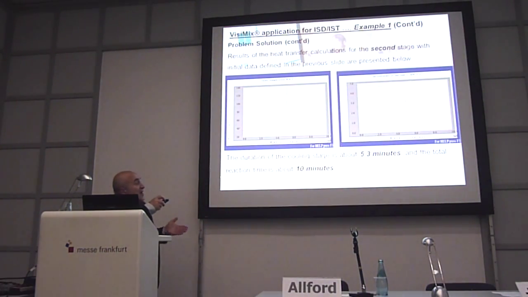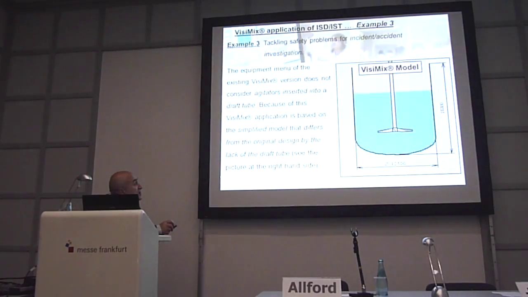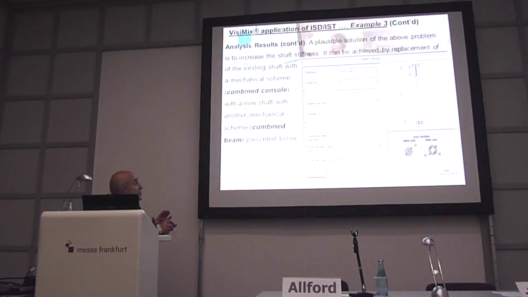Calculations give us a duration of the second stage of 5.3 minutes, and a total duration of 10 minutes. So we solved this problem. And now I'll go straight to the conclusions, and we will consider other examples a little bit later.